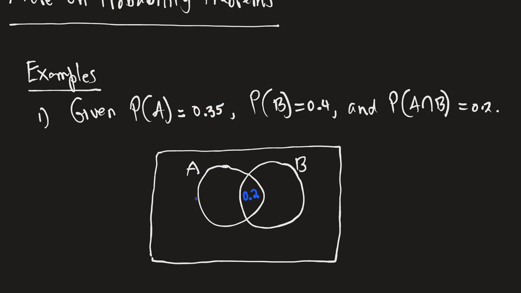So the entire circle of A must have a probability of 0.35. We already have a 0.2 here, so the part that's just A is going to be the difference between 0.35 and 0.2.